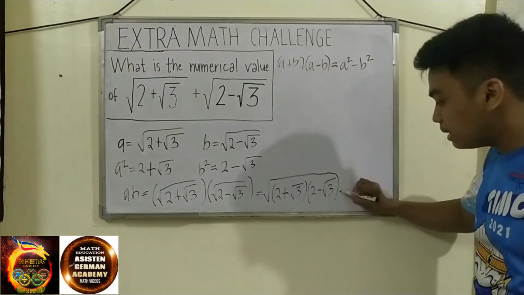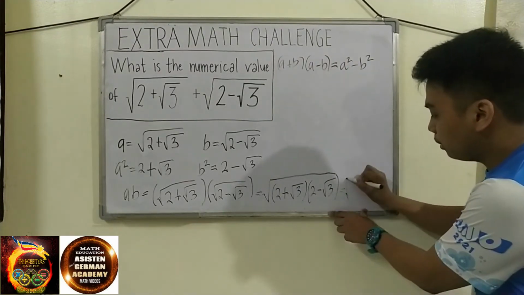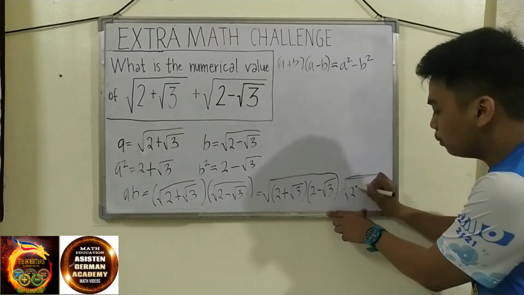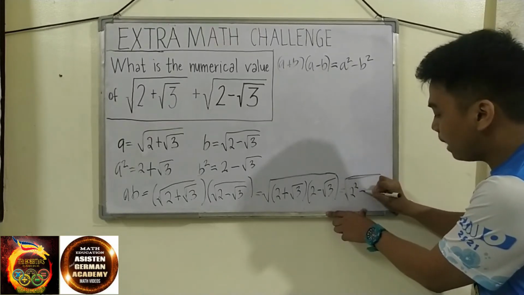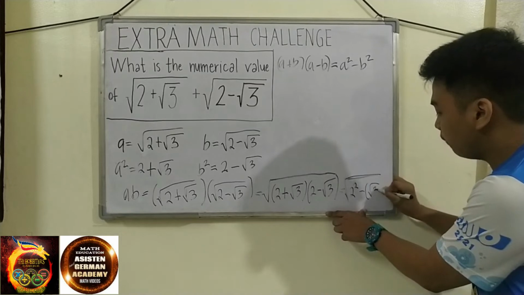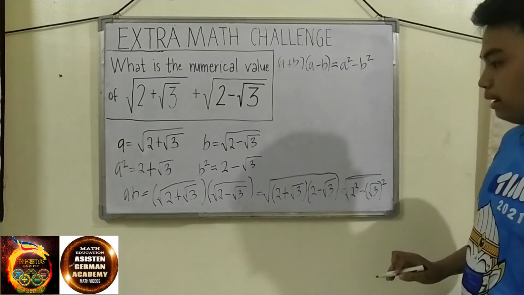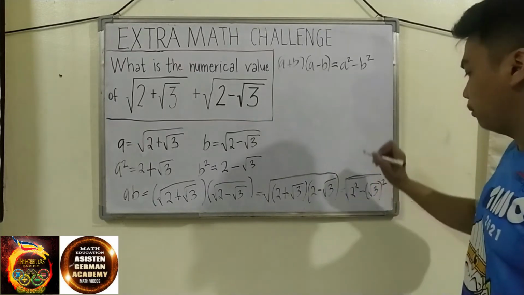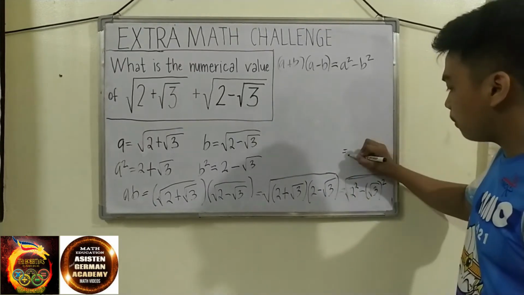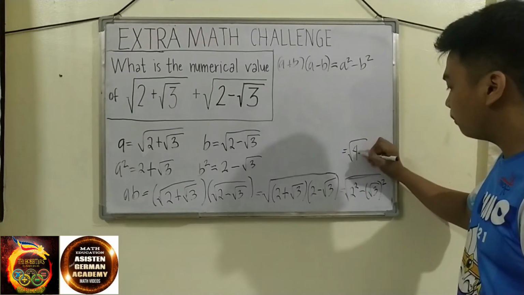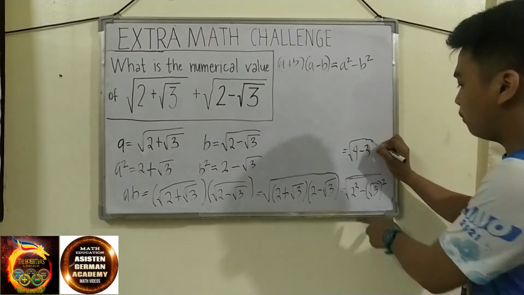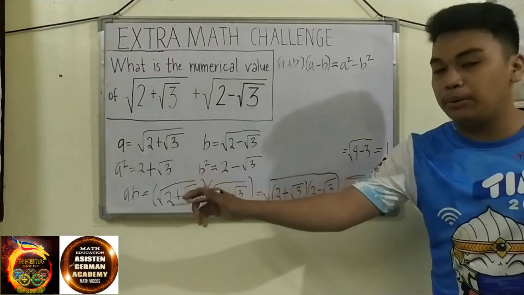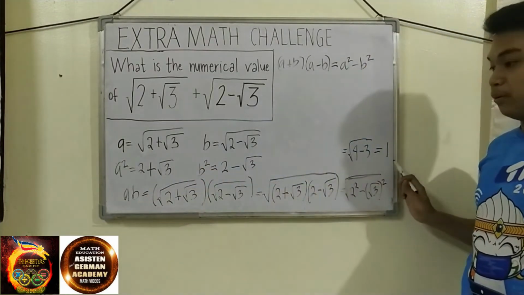So that means this is equal to the square root of 2 squared minus square root of 3 squared. And this is equal to the square root of 4 minus 3, which is equivalent to 1. That means the numerical value of AB is equal to 1.